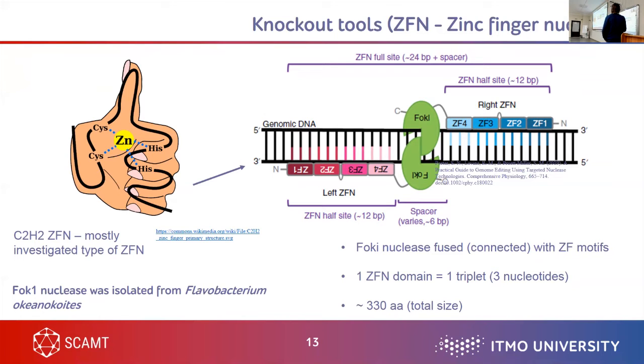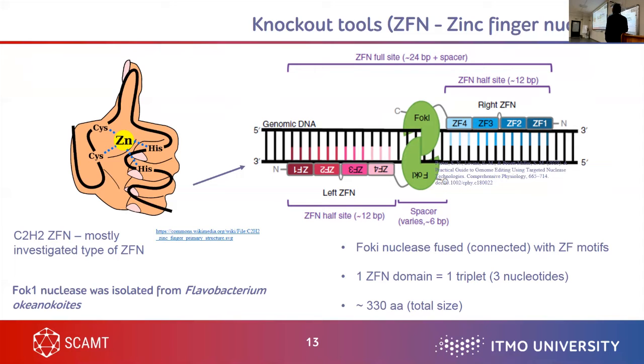One zinc finger is made of 4 domains, and each domain will recognize DNA by triplets, not by one nucleotide. We have to design our zinc fingers, and they work only in pairs. We need a right zinc finger and a left zinc finger to make it work.